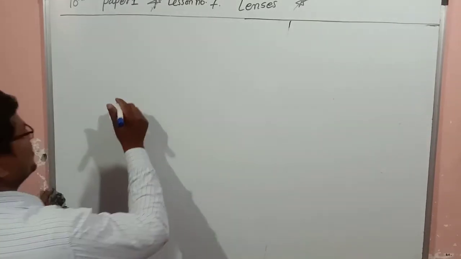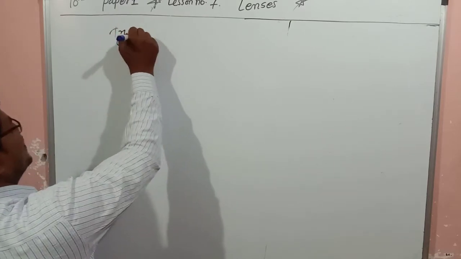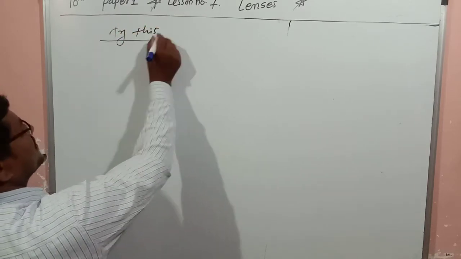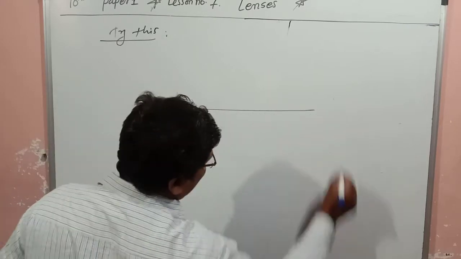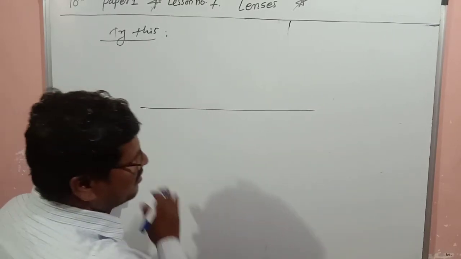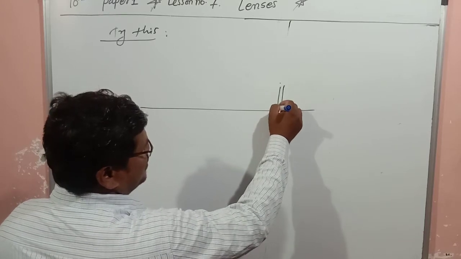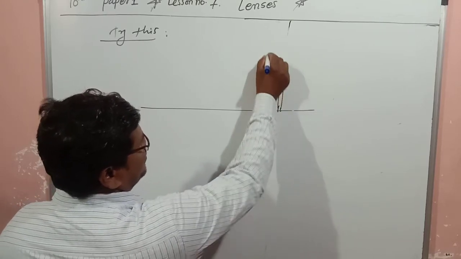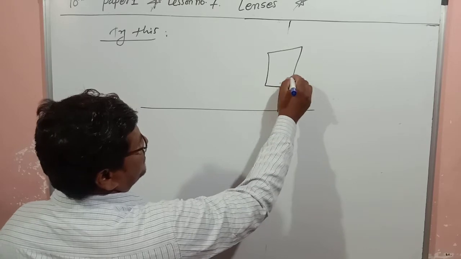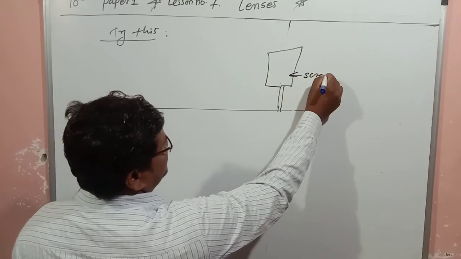You take a table, and on it you draw one straight line. On one side you fix a screen.